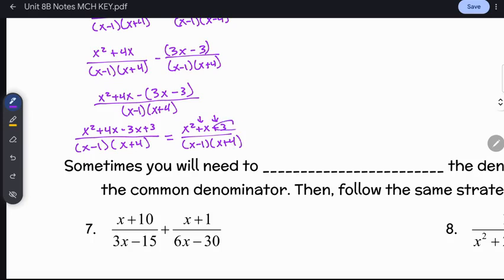I would have to have things that multiply to give me 3 and add to give me 1. Well, there are no such combination of things, so that doesn't factor. And if it doesn't factor, it can't cancel. Remember our little slogan from last time, no cancellation without factorization. So that means we're done here. Let's look at the next one.